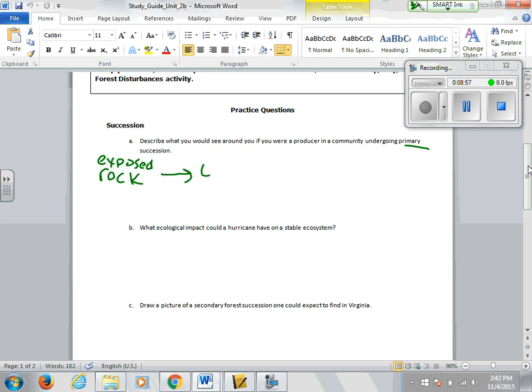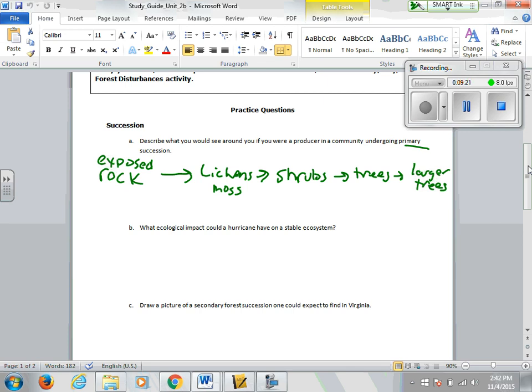But then you're going to get things like lichens and moss. Those are what we often call the pioneer species. And then we get some shrubs and bushes, and we get trees, then we get larger trees, and this is our climax forest. But this is just a general order of how primary succession exists.